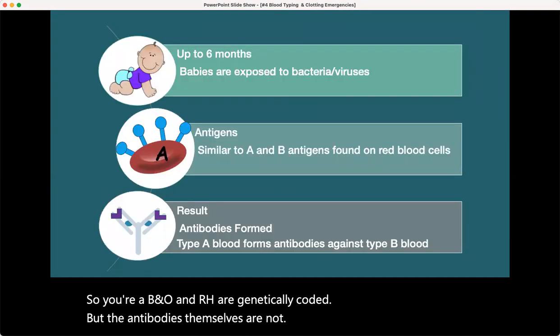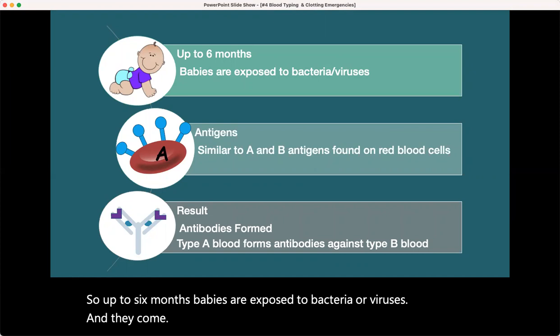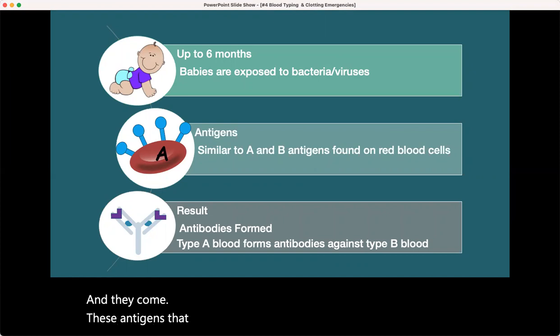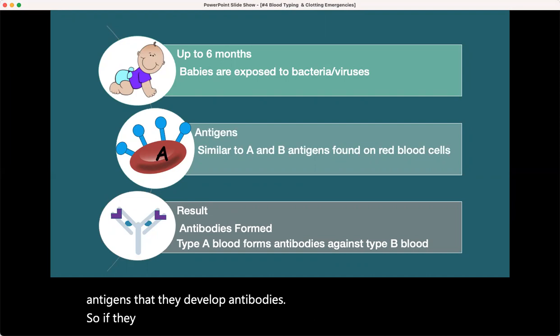Up to 6 months, babies are exposed to bacteria or viruses, and these antigens are similar enough to A and B antigens that they develop antibodies. So if they have type A blood, they will have antibodies against type B blood.